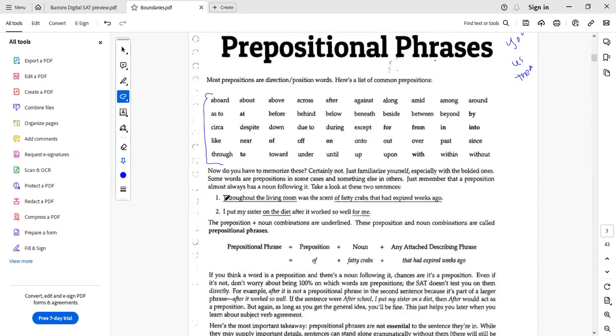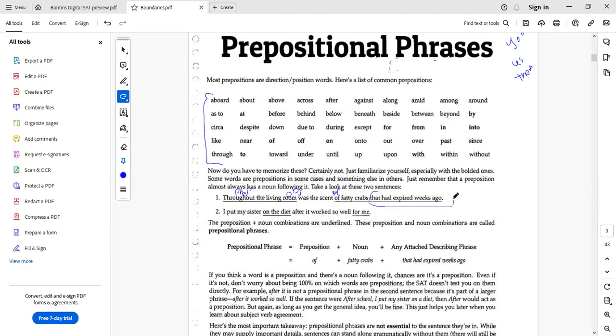Yes, like here. Throughout the living room. Throughout is the preposition. The object is room. Living and the are adjectives. Of fatty carbs: of is the preposition, carbs is the object of the preposition.